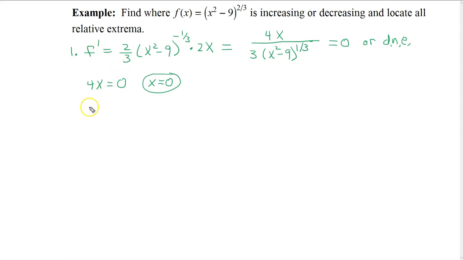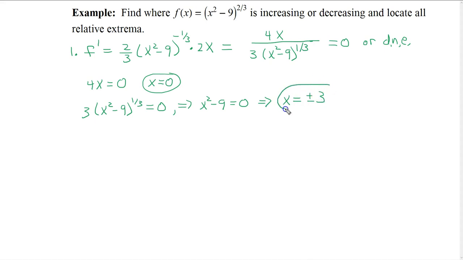So if we set, well, this will equal 0 when this implies that x squared minus 9 is equal to 0, and that implies that x is either plus or minus 3.